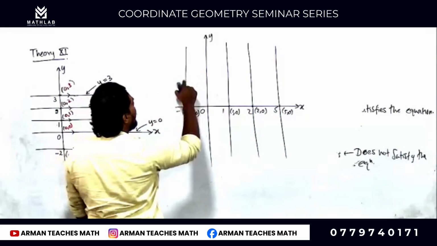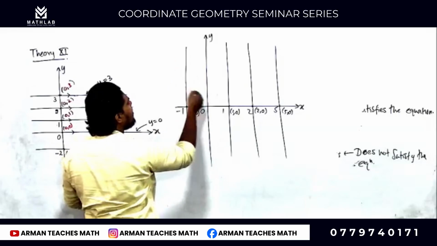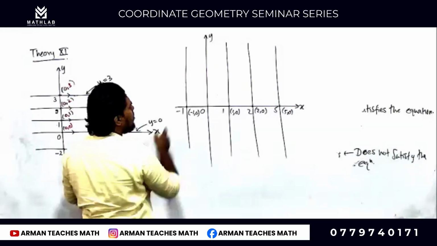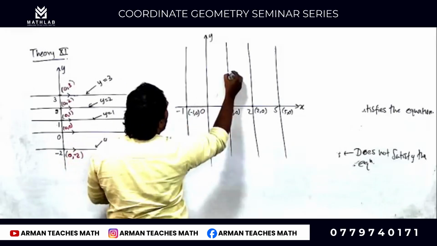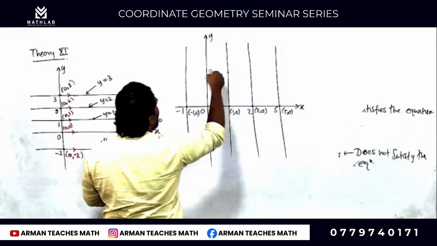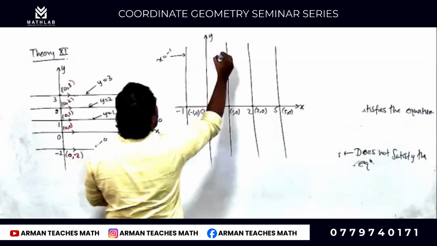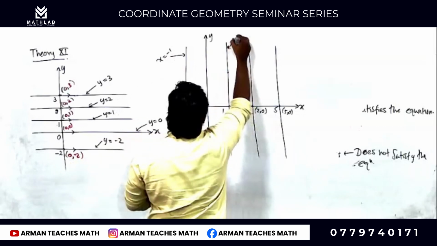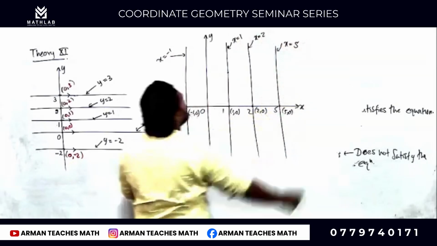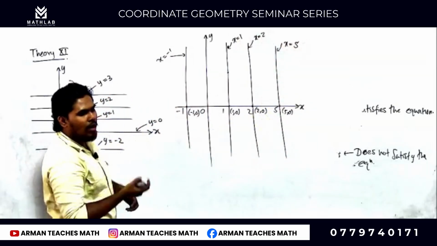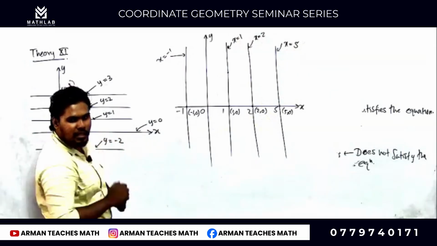You can select any point on this straight line and see the x coordinate doesn't change, but the y coordinate will change. The x coordinate is a constant. So this is x equals minus 1, this x equals 1, this x equals 2, this x equals 5. Remember, x equals 1 is a vertical line, not a horizontal line. Y equals 1 is a horizontal line, not a vertical line.